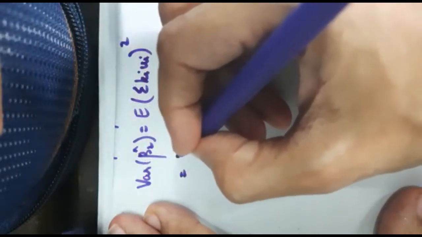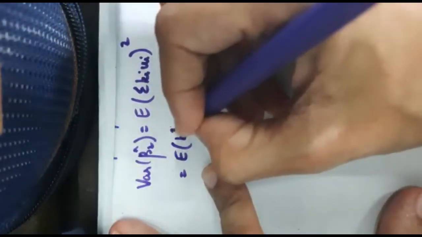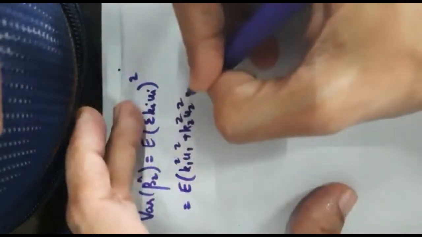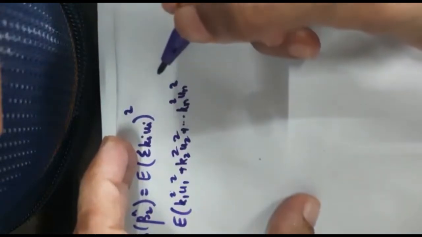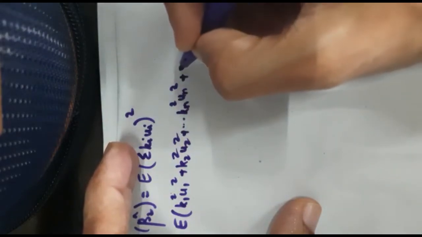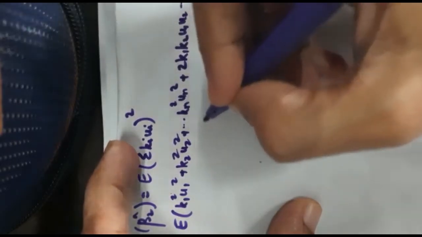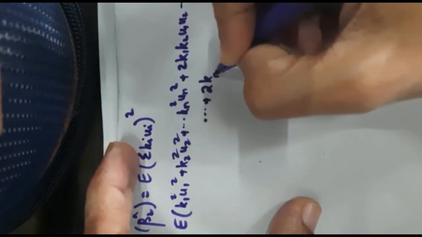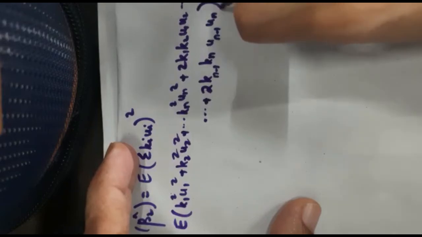Summation ki ui whole squared can be expanded in this form: k1 squared u1 squared plus k2 squared u2 squared, etc., plus kn squared un squared, plus 2 times k1 k2 u1 u2, etc., continuing in the last line, plus 2 times kn minus 1, kn, un minus 1, un, and so on.